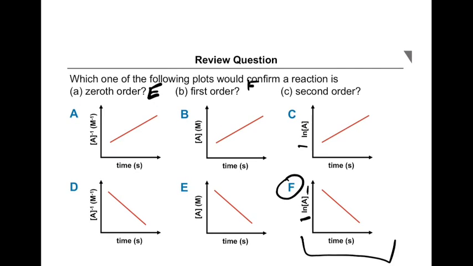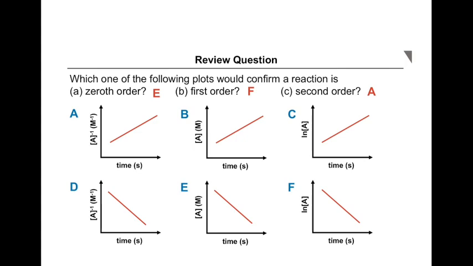Second order is no trick. Okay, yeah. It's going to rise over time, because remember, in the first order, this here is negative k. When you do the 1 over, and if you did the integrated rate law, that is just equal to k. And it's that 1 over starting material concentration over time. Yep.